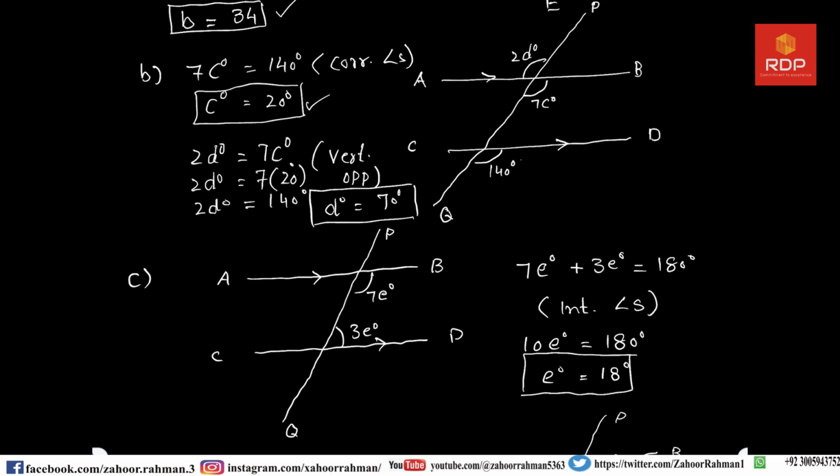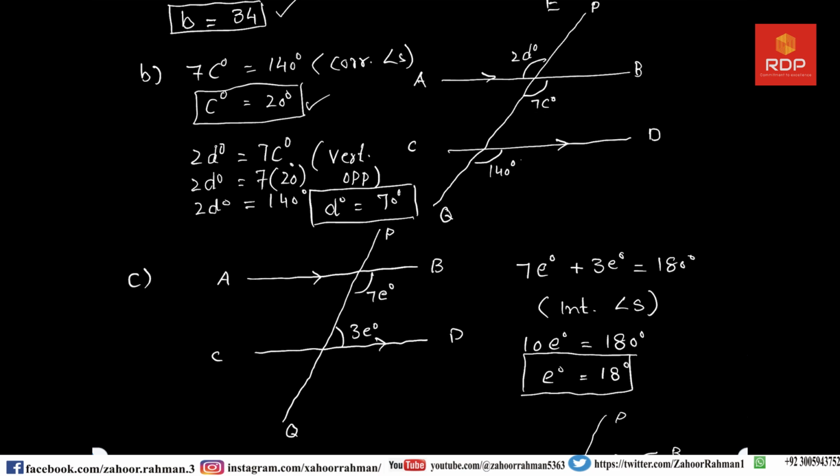Let us first turn our focus to c. You have to search for the character c, and c is, ladies and gentlemen, equal to 140. This angle on one parallel line and this angle on the other parallel line are at the same position.